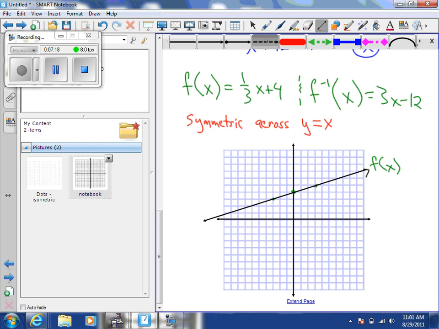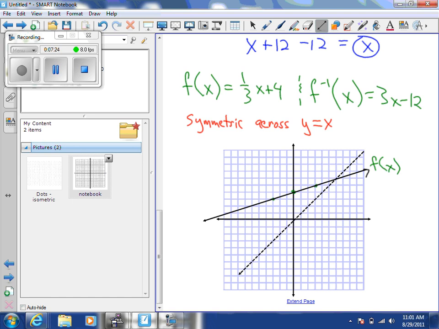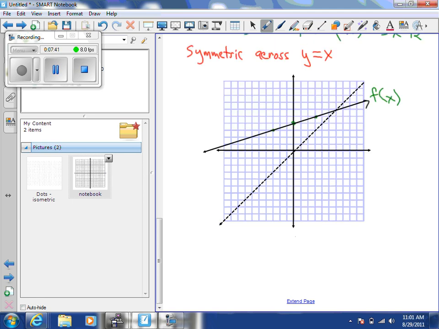Now I'll put the line y equals x as a dotted line. Y equals x is going to go through 10, 10, 9, 9, 8, 8, 7, 7, and so on, all the points that have the same x value as y value. Now we plot the other line, the inverse, which is 3x minus 12.